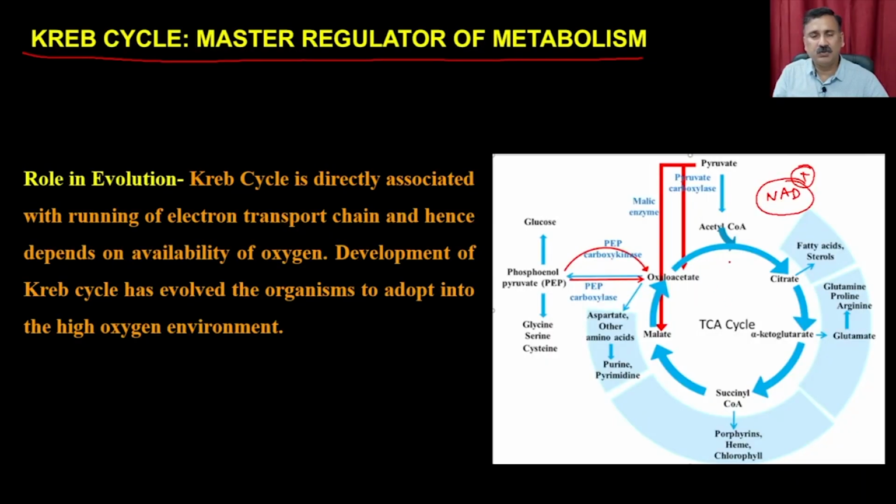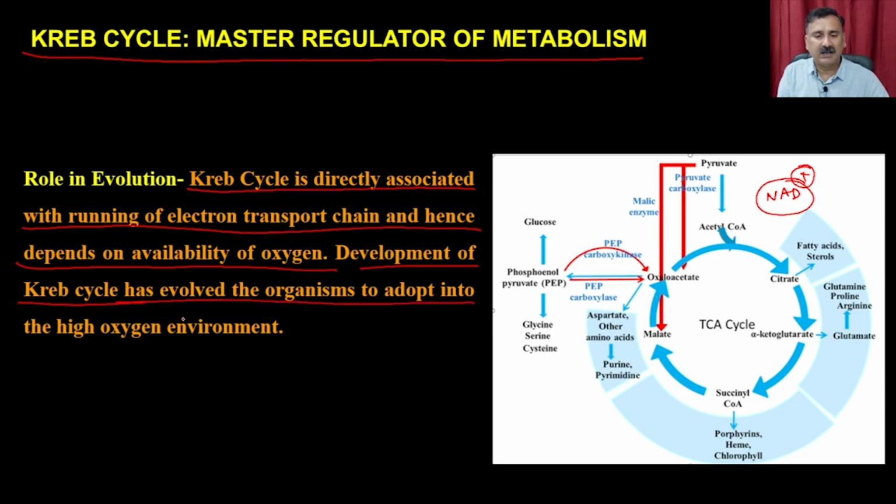And as oxygen evolved, organisms shifted to aerobic oxidation, and mitochondria were present, and that's how so many enzymes were placed in such a way that they utilize the pyruvate from glycolysis to produce a high quantity of energy. So the Krebs cycle is directly associated with the running of the electron transport chain, and hence depends on the availability of oxygen. The development of the Krebs cycle has enabled organisms to adapt to a high oxygen environment.